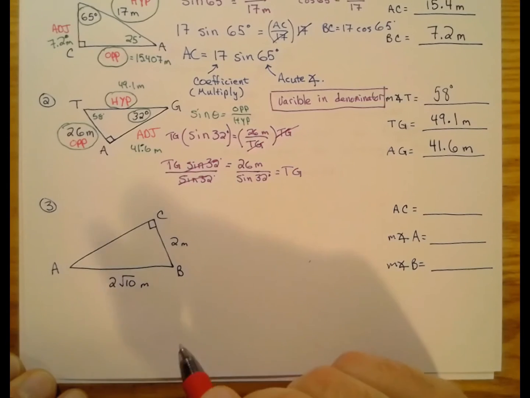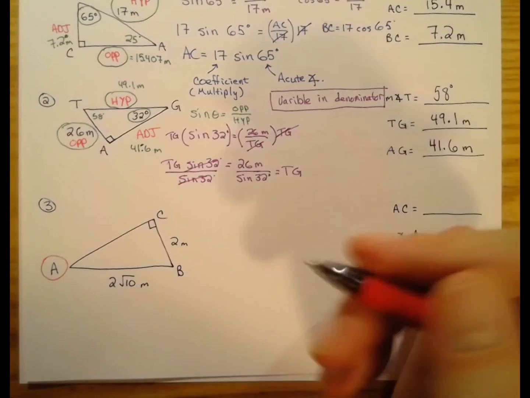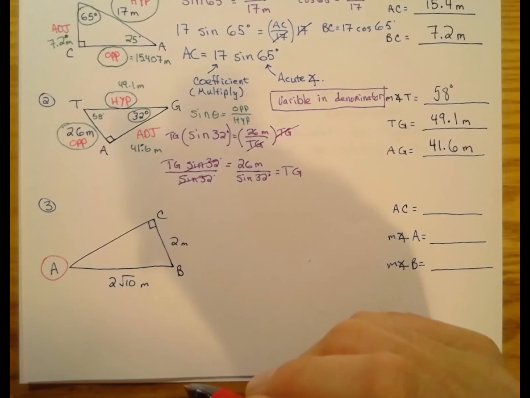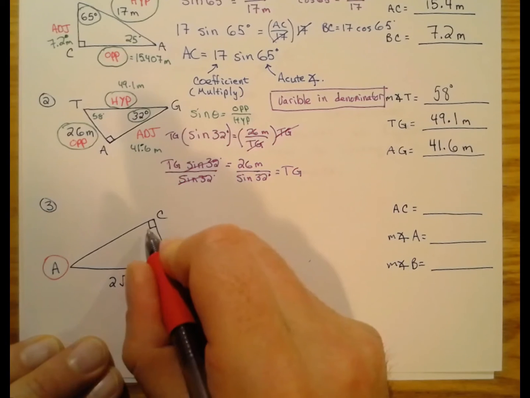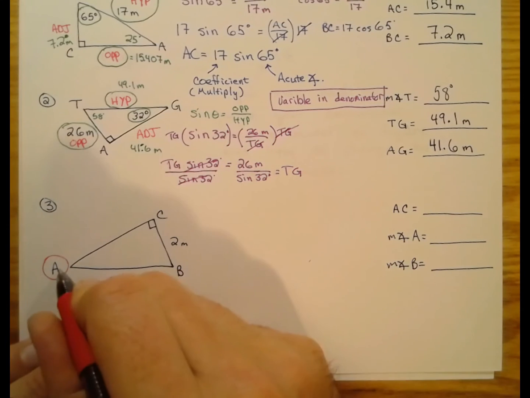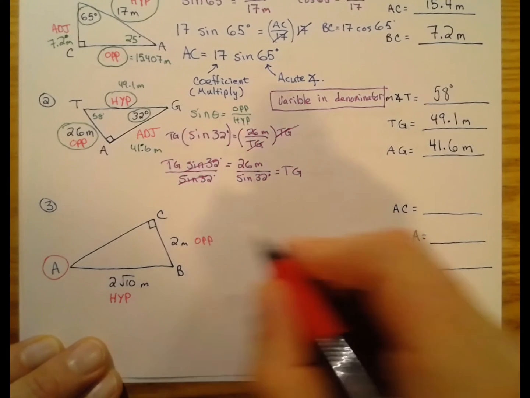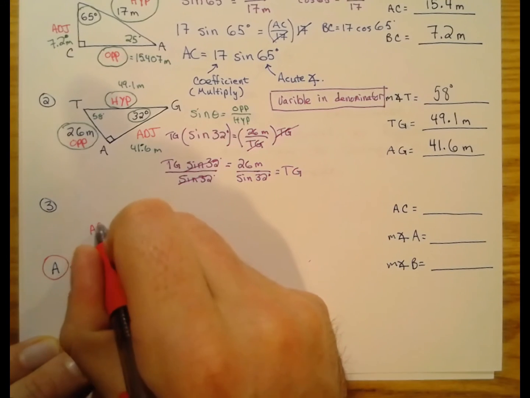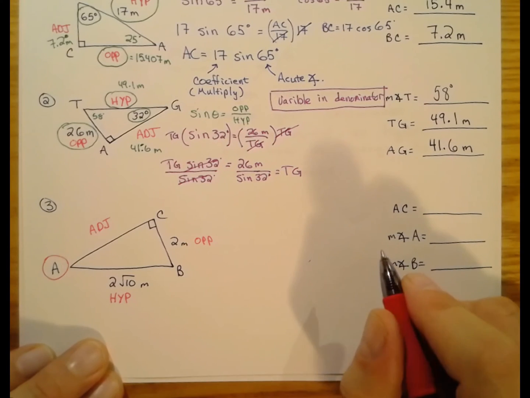I'll just pick angle A. It doesn't really matter which one we choose. And for the sides, this is 2 root 10, the side that is opposite the right angle, so that's the hypotenuse. 2 meters is the side that's opposite the angle A, and this is the side that touches angle A along with the hypotenuse, so that's the adjacent.